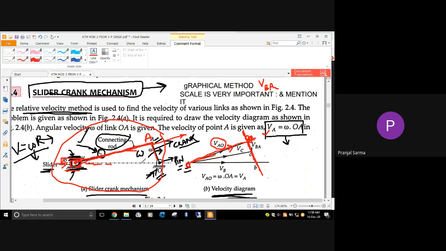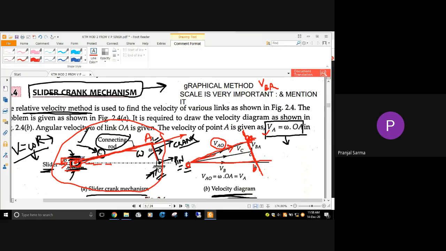So what we will do now? Starting from o, we are going to draw a line which is parallel to this line of stroke, and when we draw this, it is going to intersect somewhere. Wherever it intersects, that is nothing but the location of the point b. Previously, I didn't know.